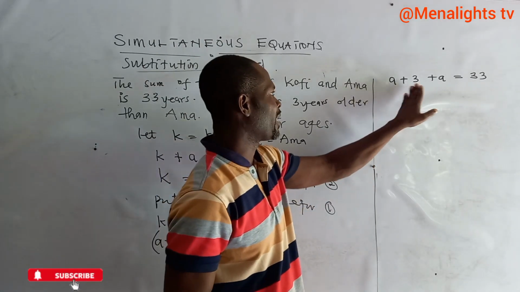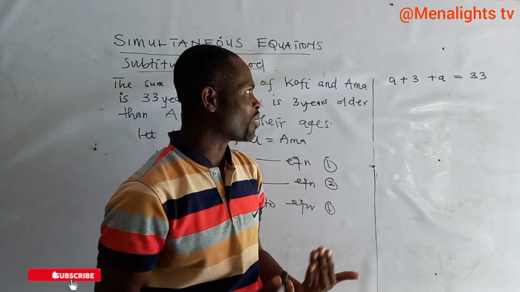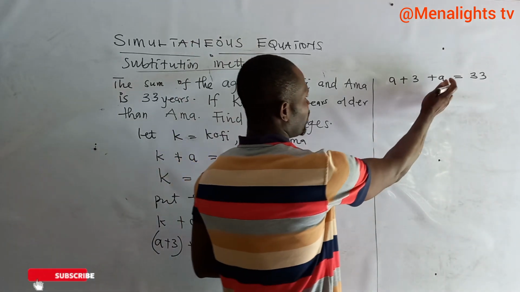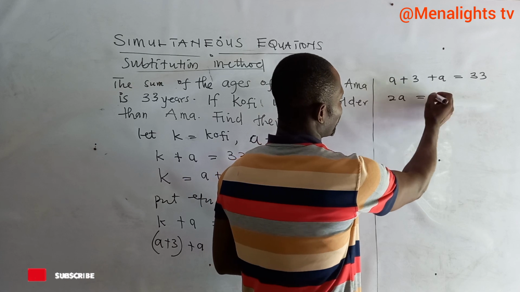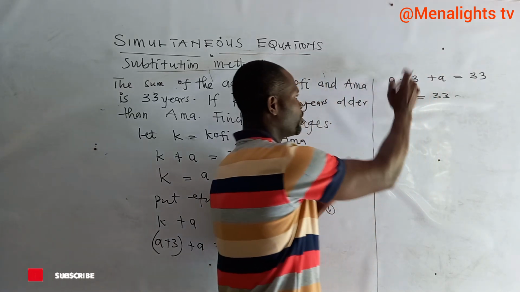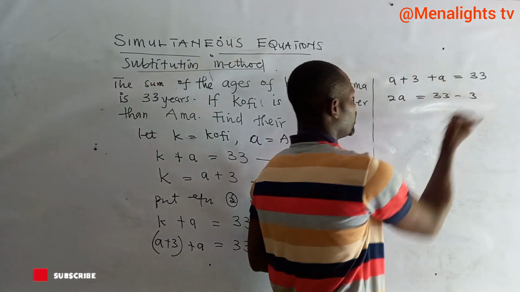So we are now going to group like terms together and find the value of a. So a plus a will give us 2a, which is equal to 33 minus the 3. The 3 here is positive, it will go to where the 33 is and becomes negative. Minus 3 there.